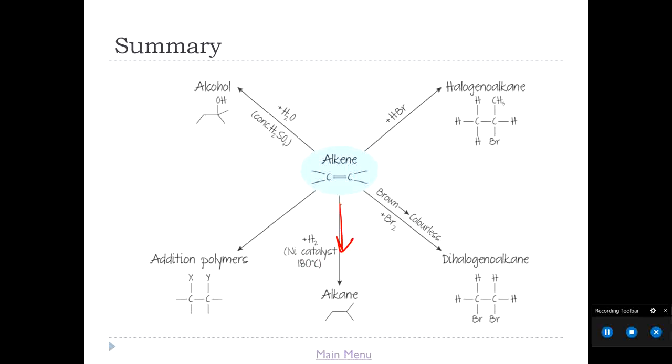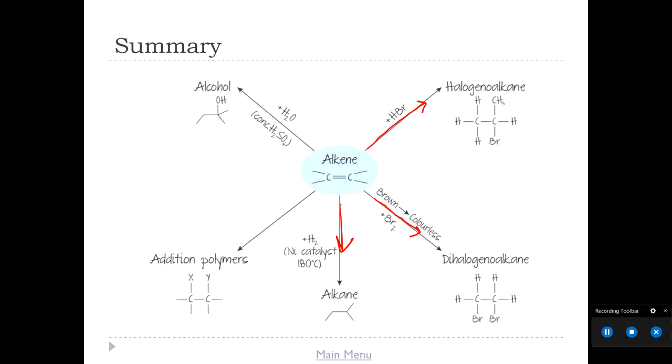We then looked at the halogenation, okay, which is our bromine. Adding our bromine across, halogenation requires no special reaction conditions, or does the halogenation to the halogenoalkane with just one halogen by adding HBr.